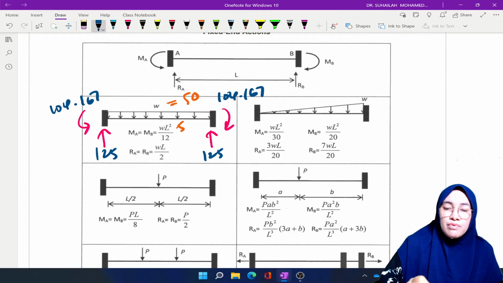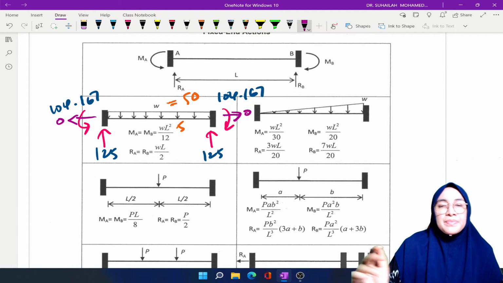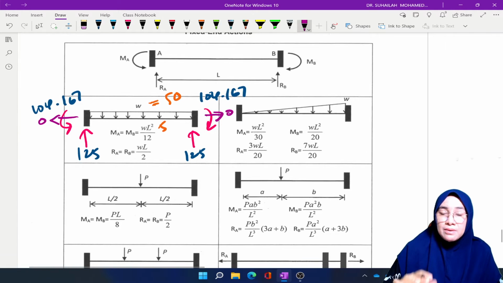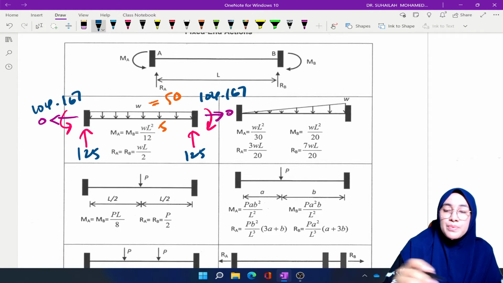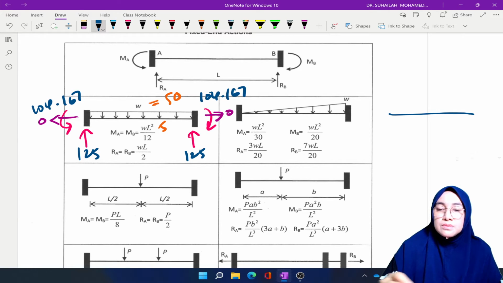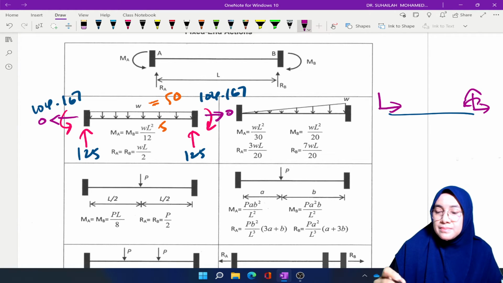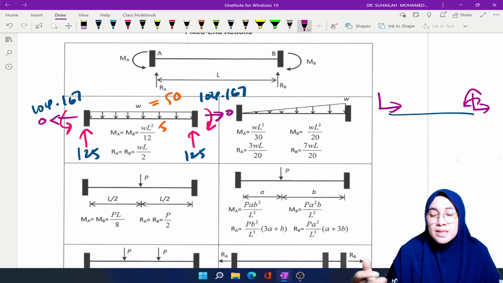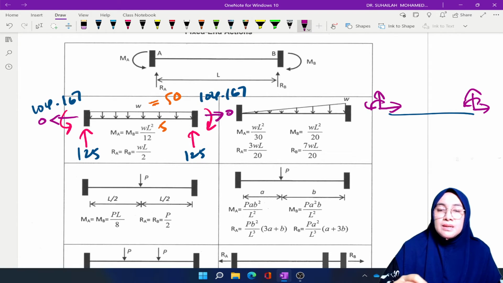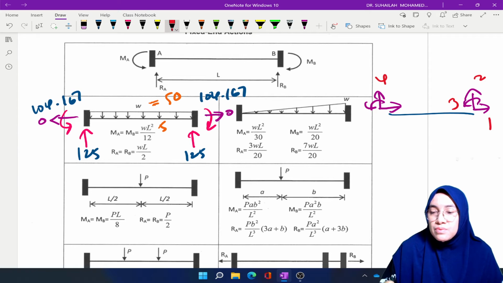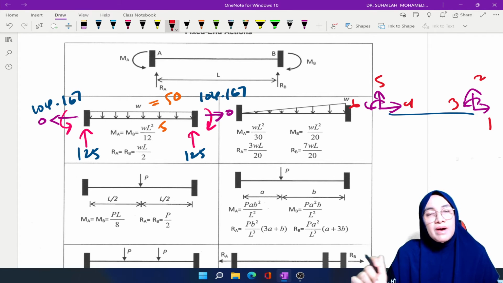So we have to compare with this. It is like this, right? x, y, z, x, y, z. The labels are 1, 2, 3, 4, 5, 6.